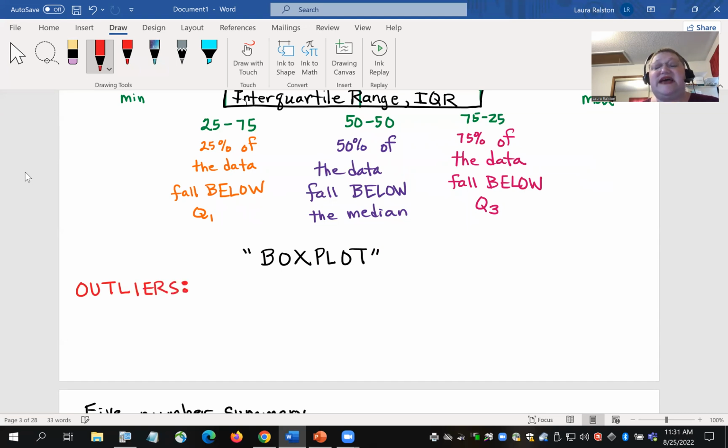Outliers are those data values that quite honestly just don't go with the rest of the data. They don't fit. They're either really, really low or really, really high, and they don't seem to go with the rest of the data. There's several reasons why you could have an outlier. It might be a true value for that particular data set.